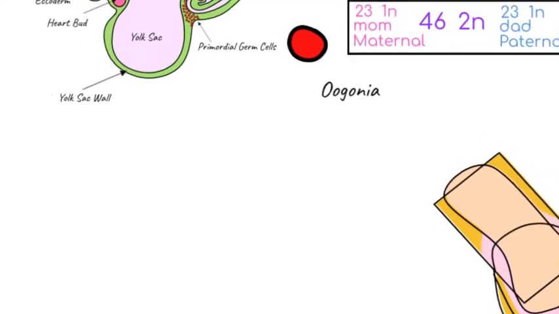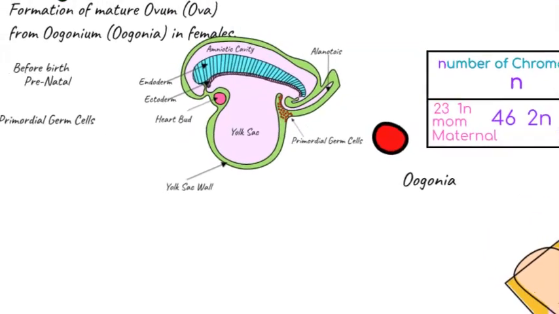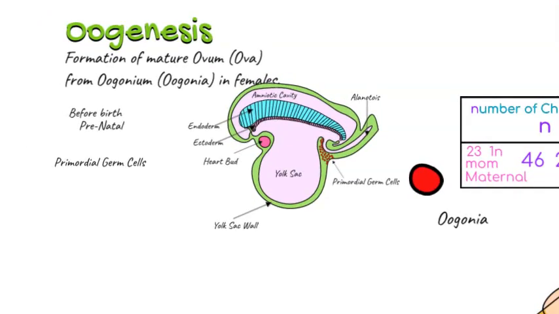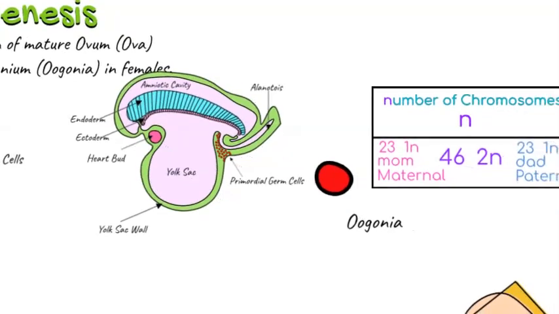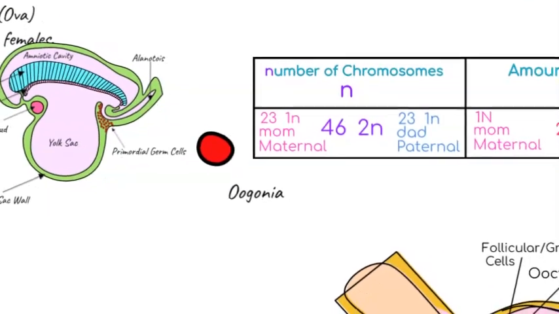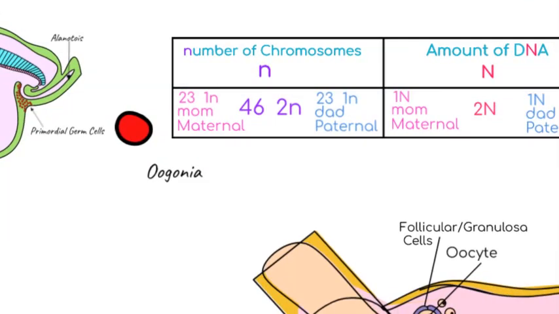Pretty simple so far. You're in your 4th week of developing inside of your mother's womb. Certain cells from the yolk sac travel to the ovaries, and they are the cells that are going to become your sex cells. They are called primordial germ cells. They keep increasing.